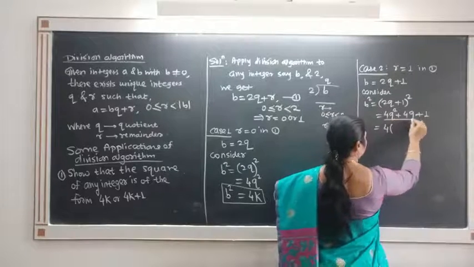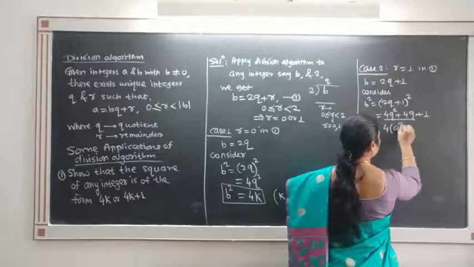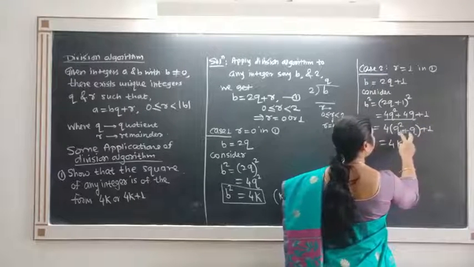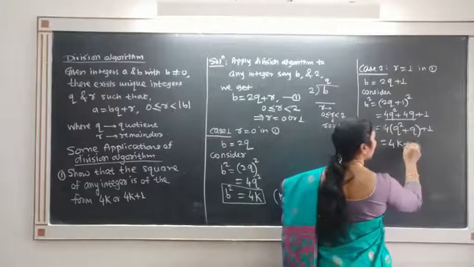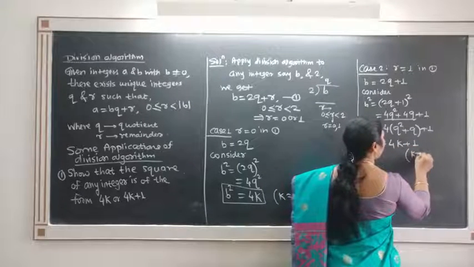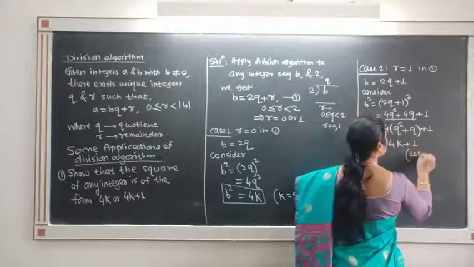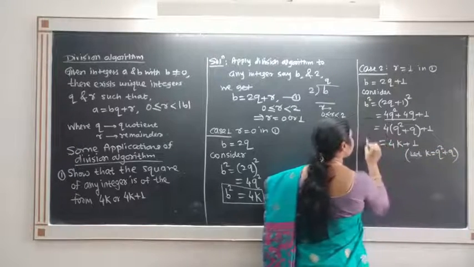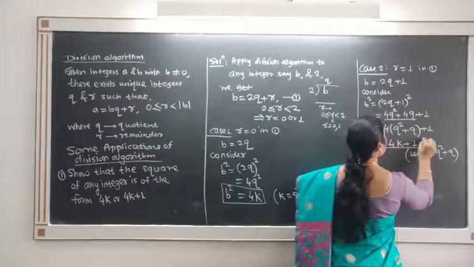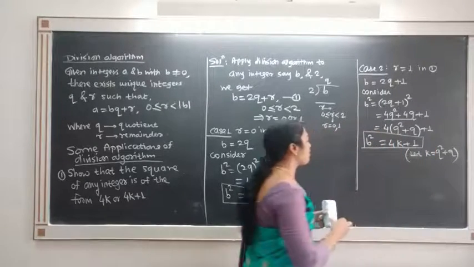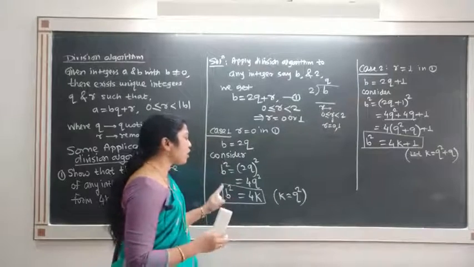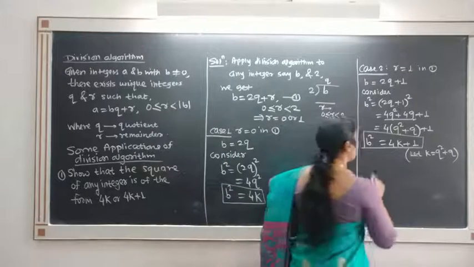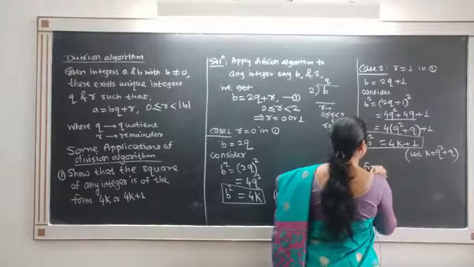Taking 4 common from the first two terms, it is 4 times (q square plus q) plus 1. I will assume this quantity q square plus q is equal to k. So observe that in this case b square is of the form 4k plus 1. So either the square of any integer is of the form 4k or it is of the form 4k plus 1.